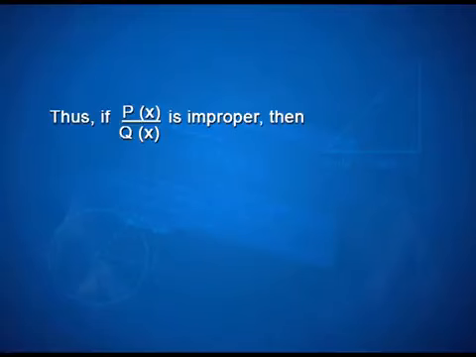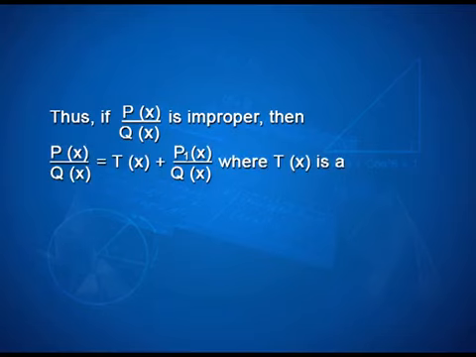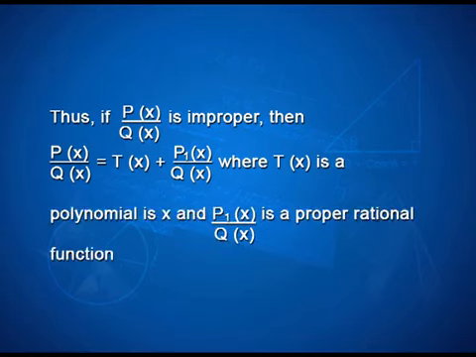Thus, if p of x upon q of x is improper, then p of x upon q of x is equal to t of x plus p1 of x upon q of x, where t of x is a polynomial in x and p1 of x upon q of x is a proper rational function.